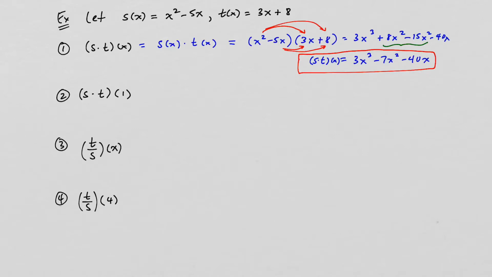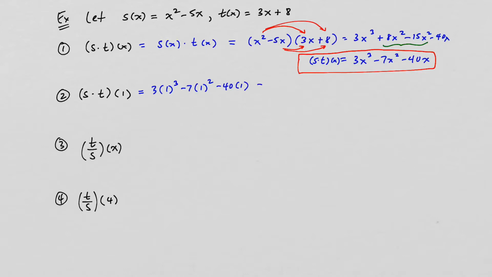And because we just figured out s times t, here we can simply take x equals 1 and plug it into this function. That's going to give us 3 times 1 cubed minus 7 times 1 squared minus 40 times 1.